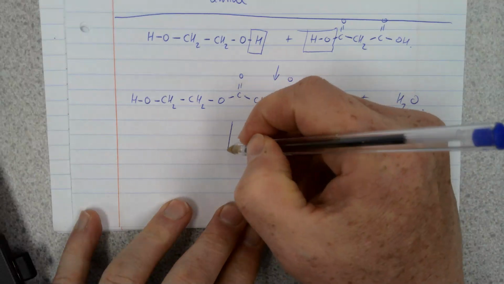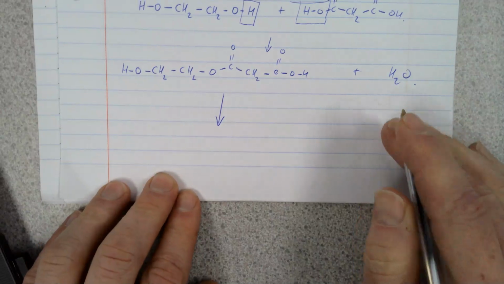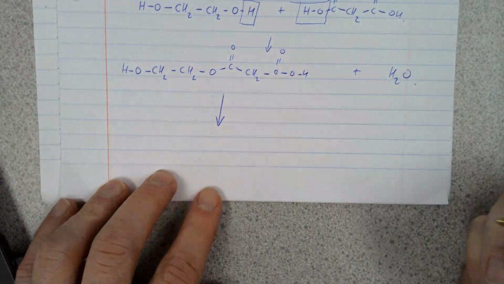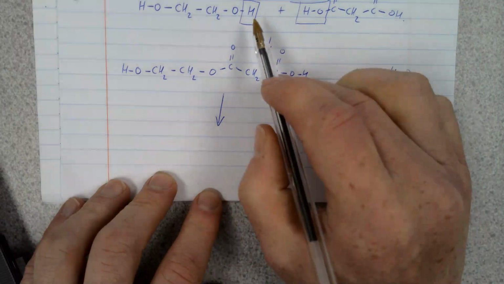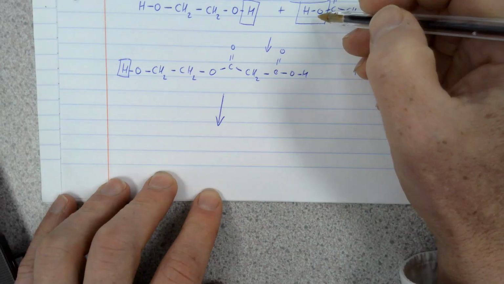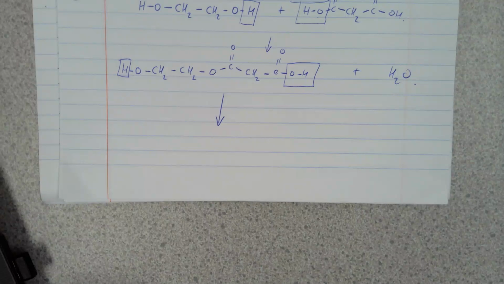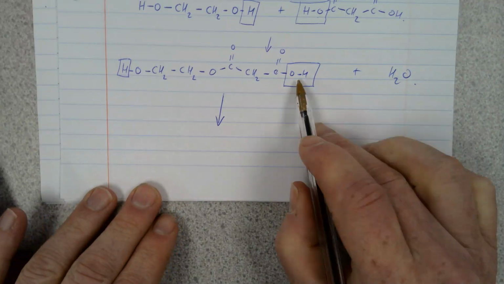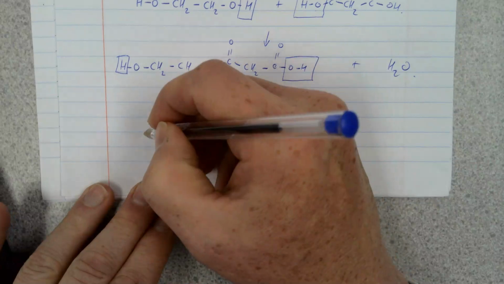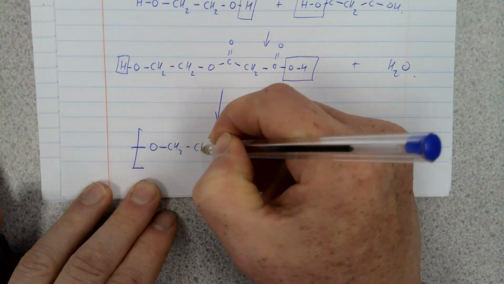And the way that we draw that is to draw essentially the same thing again, but remember to lose another molecule of water from the outside: the H from the hydroxyl of the alcohol, and the OH from the carboxylic acid here. And then we draw that with a repeating structure like so.